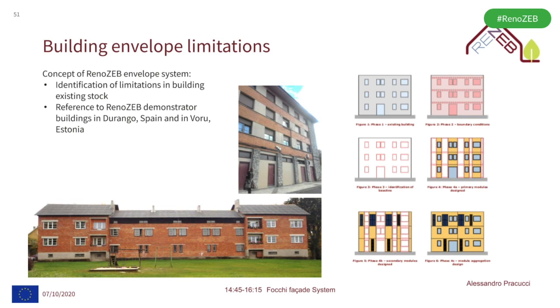In the detailed design, I'm going to show you in some slides in a while, we have started the design for the demo buildings considering the openings, because openings cannot be changed. We need to use the existing openings to size the new facade module. And after the definition of these modules, we can move on other type of units, including solar collector, photovoltaic, thermal, and so on, so to have finally a configuration for the new buildings.